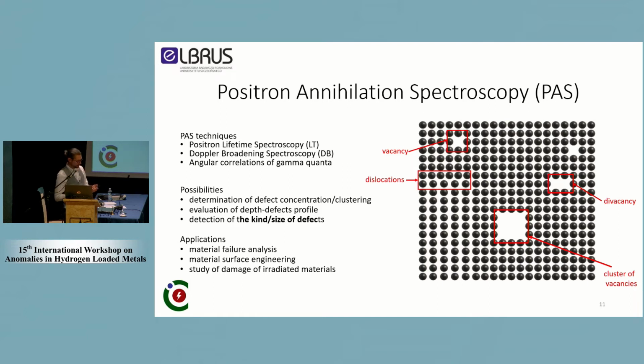So basically we can see the size of the vacancies inside the material. We can see the density of the defects inside the material, even if there are not a lot of them. So this is really interesting for what we're doing.